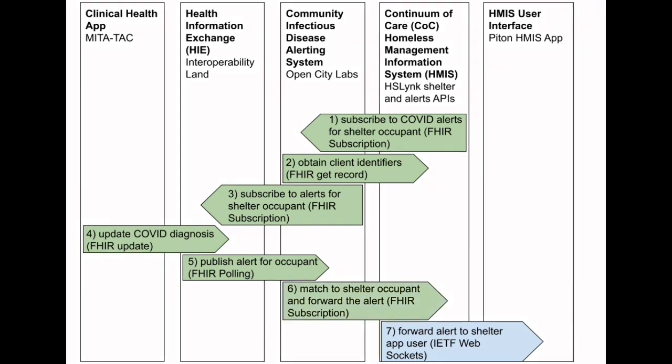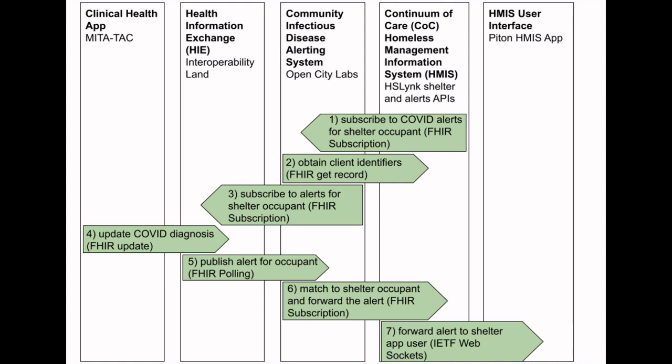The Community Infectious Disease Alert Service then matches the patient ID back to the HMIS client ID and publishes the change in condition for that client ID back to the HMIS. 7. Finally, the HMIS uses IETF WebSockets to communicate with a shelter management app to ensure that the client is placed in an appropriate isolation room, as Eric will describe next.